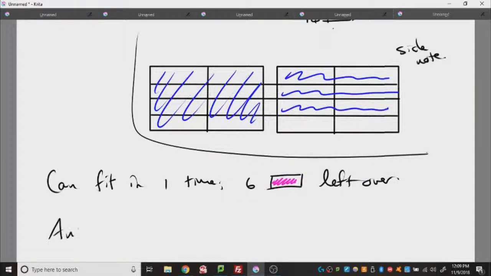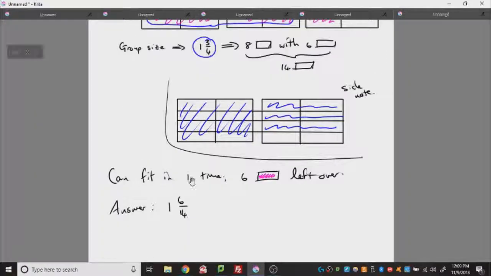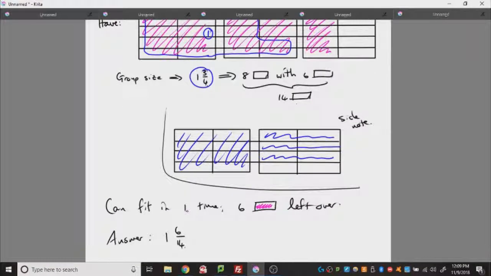So my answer therefore is 1 6/14 of a group can fit. So when in doubt, do more. Draw something, write more, whatever you need to do.